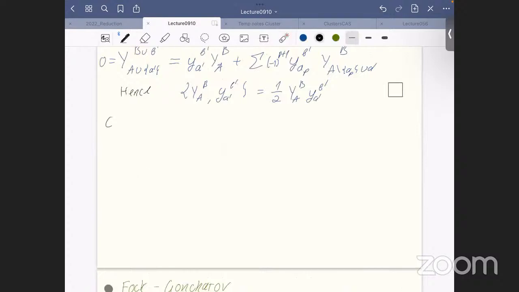A corollary of this theorem, of this lemma, is the following.